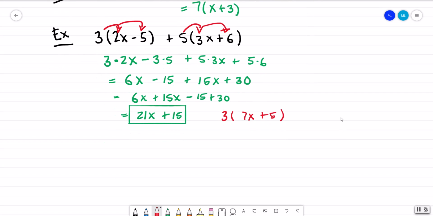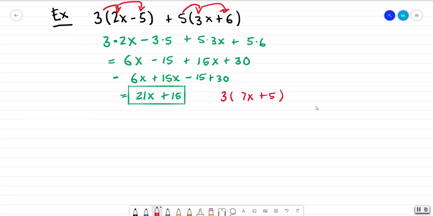Okay, so how about you go ahead and try the following expression where you have to simplify and combine like terms. You have negative 2t plus 7, plus 3 multiplied by 2t plus 4, and then you have minus 2t.